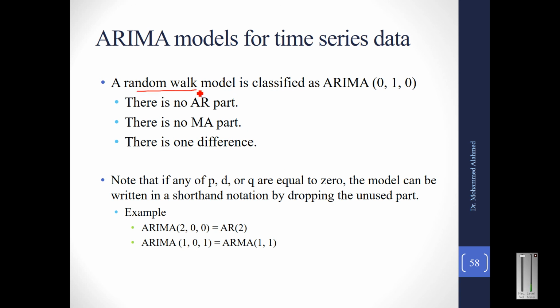So a random walk model is classified as ARIMA 0, 1, 0. Again, there is one difference, right? Because for the random walk model, you can take a first difference to make it stationary. Let me go back to one of the slides.